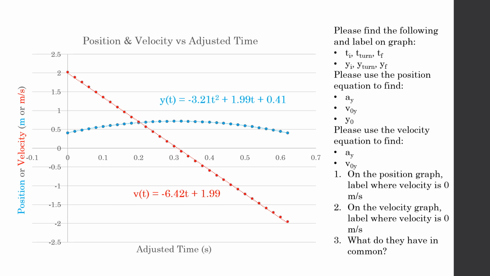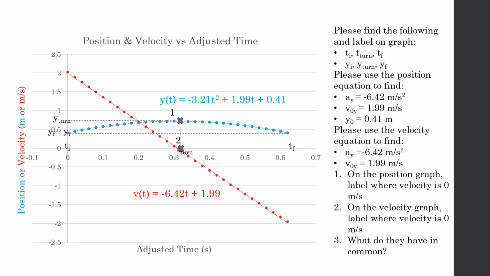I'm going to suggest that you pause the video here and work through all of the questions that I have posed on the right-hand side: labeling all of these terms and finding the values for these terms, and then also labeling these and answering this last question here. Once you're finished working through all these problems and labels yourself, go ahead and press play and move on to the answer slide to make sure that you got everything correct.